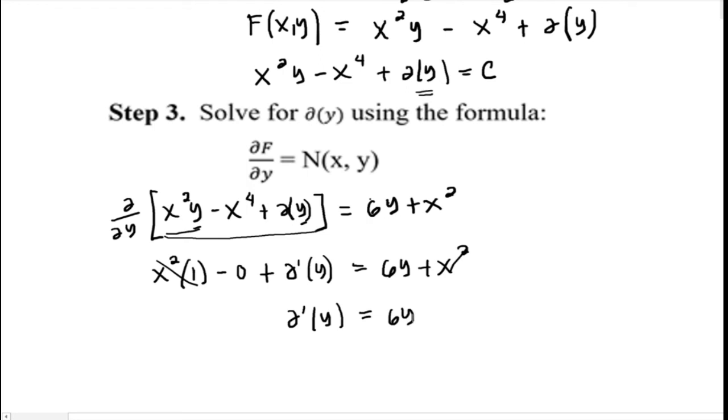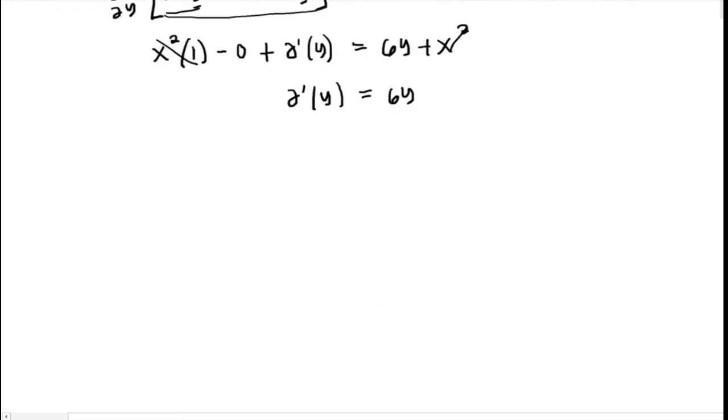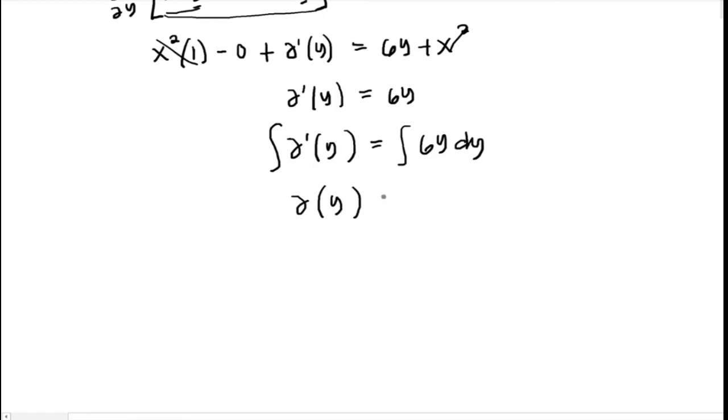To solve now the value for that unknown function of y, we will just get the integration of this equation. So integrate the left side and also integrate the right side. The answer for the left side is now the unknown function of y, and in the right side is 6, and the integral of y is y squared over 2. Then the unknown function of y is equal to 3y squared.